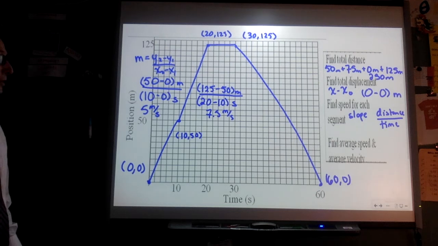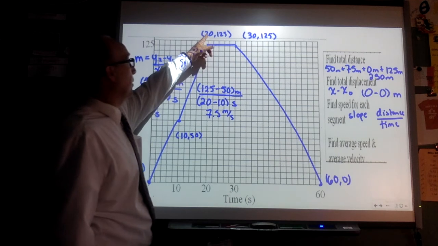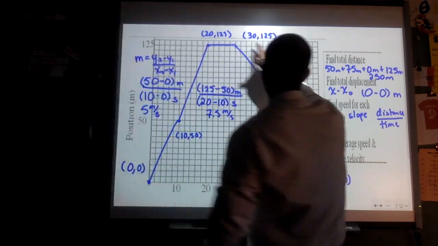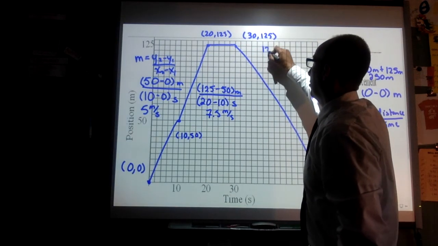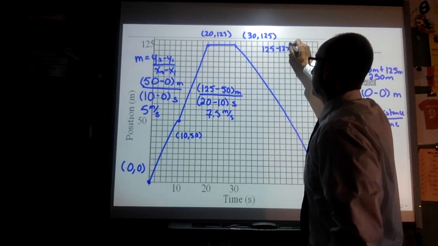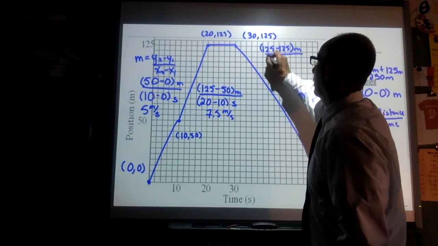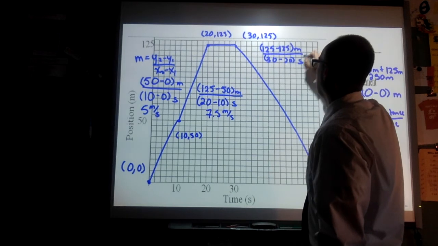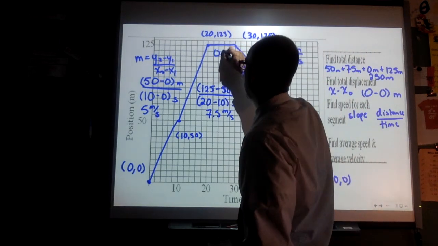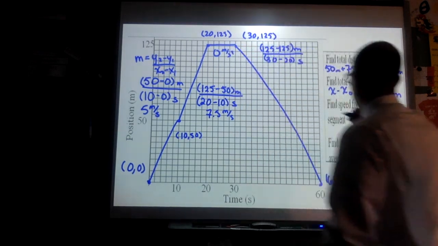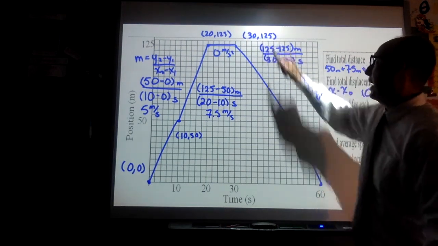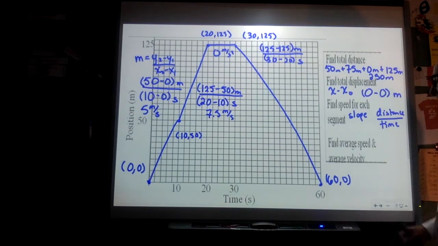The third segment is going to go from 20 seconds to 30 seconds, but the y doesn't change. So I'm going to have 125 minus 125 over 30 minus 20. And so this segment here is 0 meters per second. And then the final one is going to go from 30 comma 125 to 60 comma 0.